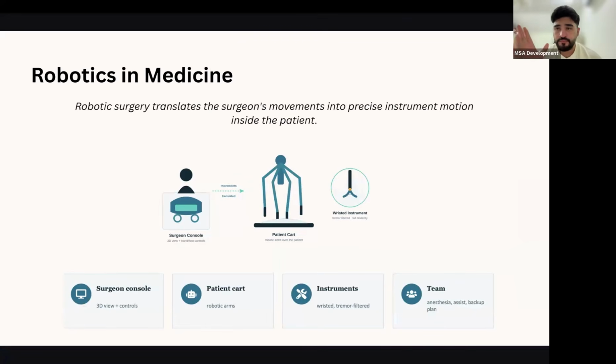Now, robotics. Honestly, ever since the introduction of robotic surgery into the world of surgery, it has transformed the outcomes of surgery. It has transformed the patient experience overall, right? Before, they used to cut the patient open to fix a simple tiny operation.